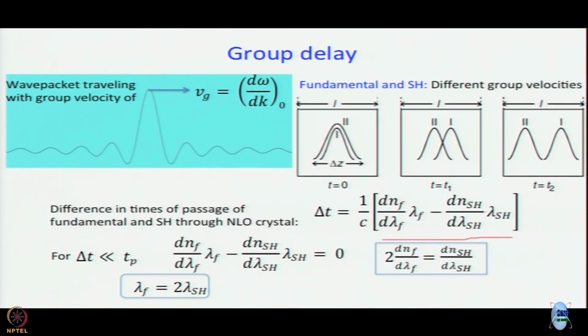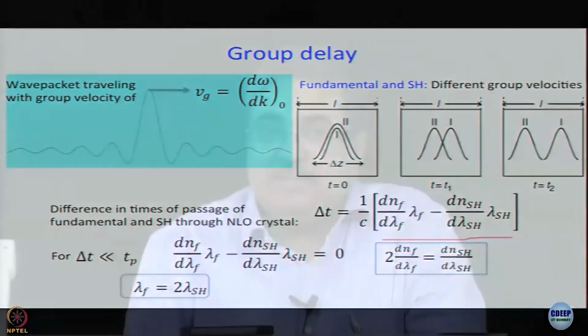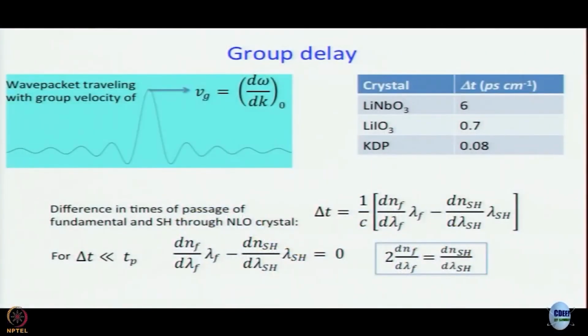Okay. That is when your delta t is going to be 0, and delta t should be small in order to get good second harmonic generation using an ultra short pulse. Right. So, once again let me show you some typical values. Delta t for lithium niobate is 6, for lithium iodate is 0.7, for KDP is 0.08.